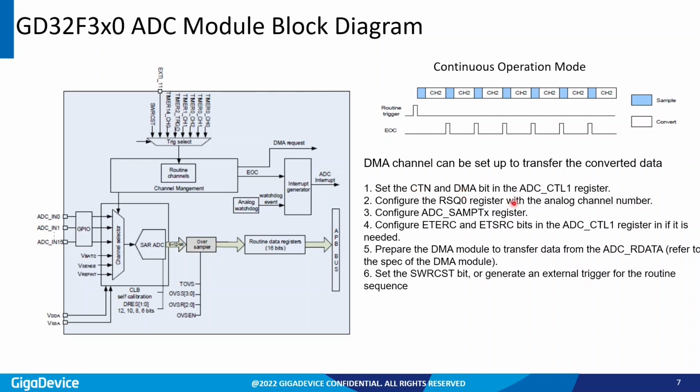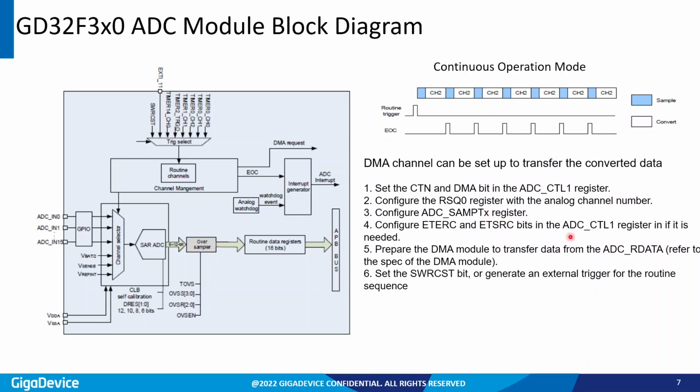Then we need to configure the routine sequence register with the analog channel number. Next, we need to configure the ADC sampling time register. There are 8 different settings there for the sampling time.